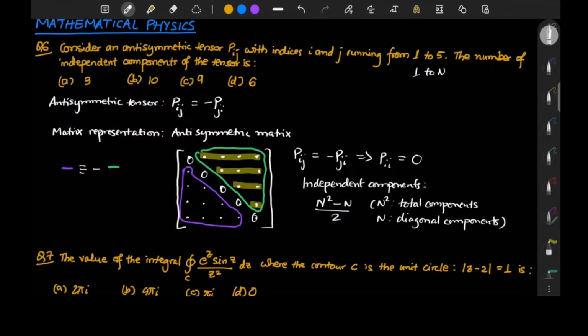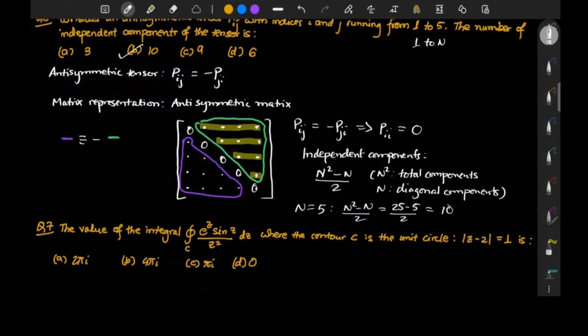So (n squared minus n) by 2, and n in our case is 5. So for n equal to 5 it is (25 minus 5) by 2, which is 10. As Priyanka and Rajiv have correctly answered, the option is B, 10. So this is how you will solve the question.